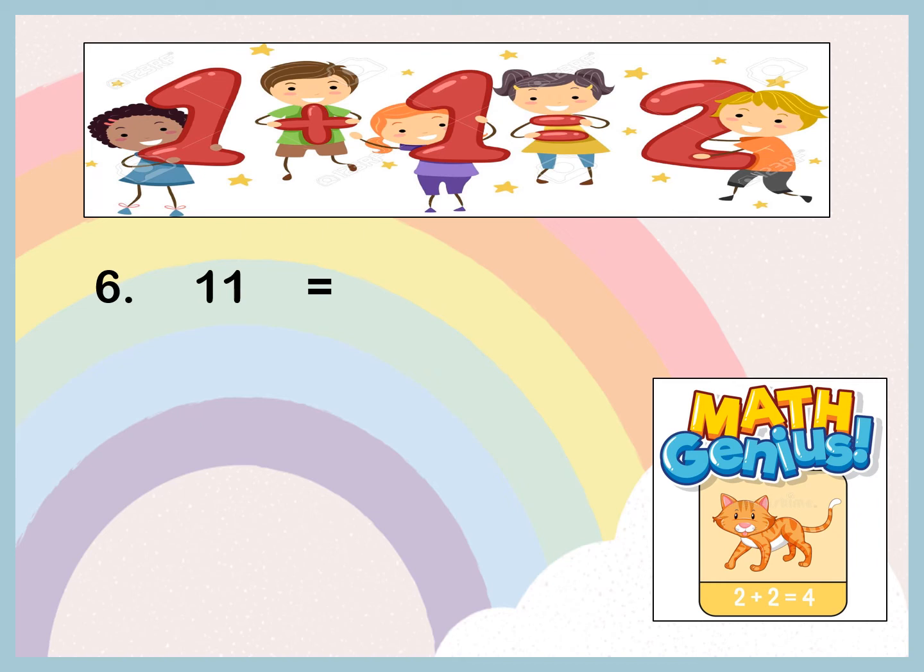Number 6 is 11. Spell the word 11. Now, kids, using your pen and paper, ask someone in your family for help. Okay? Great job. 11. Number 7 is 16.